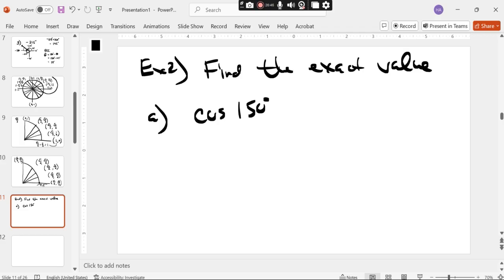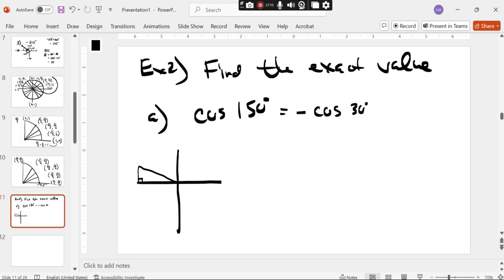So let's think about this here. Just in your mind's eye, cosine of 150 degrees is over here. Is that true? Would this be negative or positive if we go back to quadrant 1? Yeah. The x values are negative in quadrants 2 and 3. So cosine of 150 is the negative of cosine of 30.